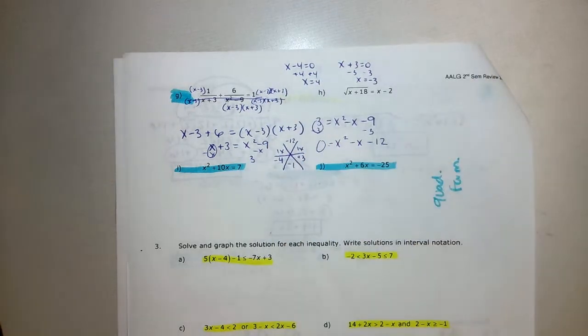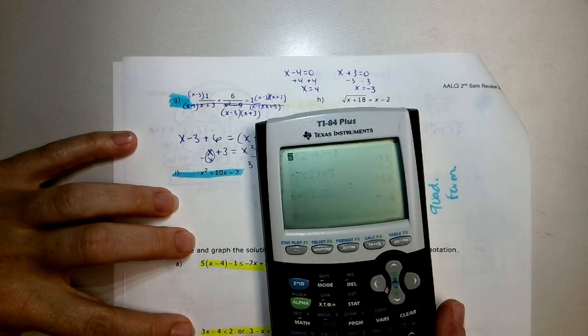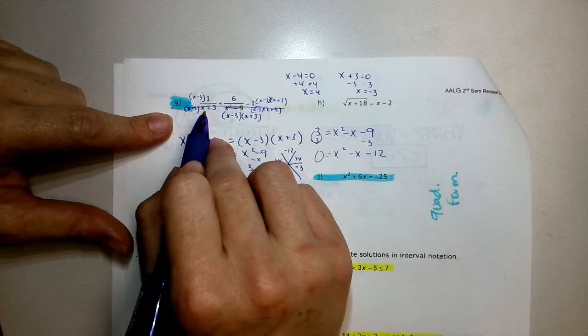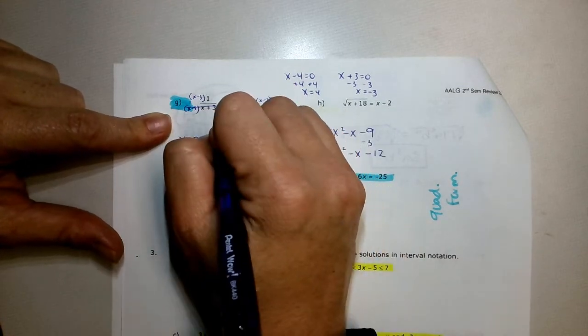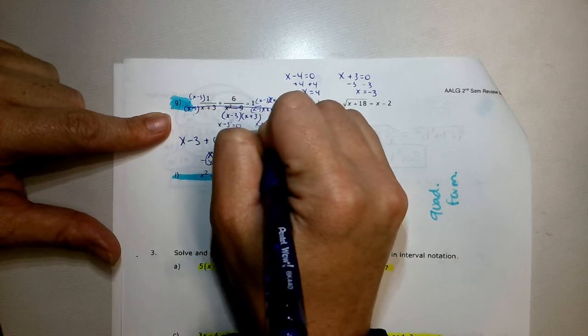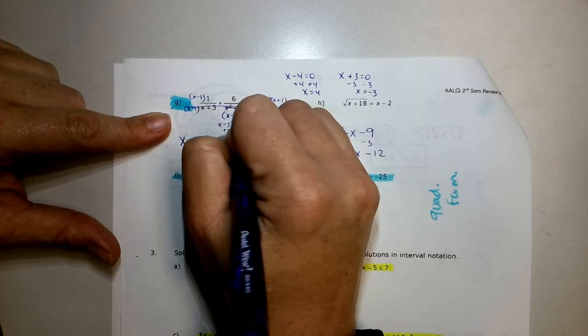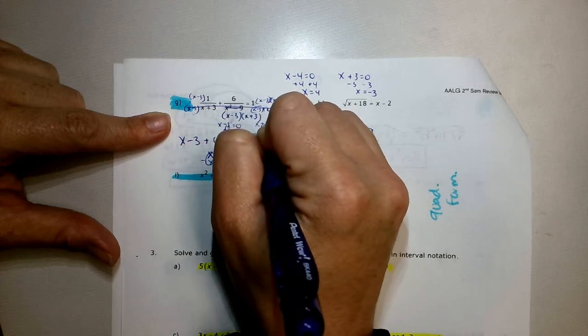And you always have to check to make sure they work. What I want you to realize here is what doesn't work is what makes your denominators equal 0. Well, positive 3, add 3, x equals 3. Minus 3, x equals negative 3.